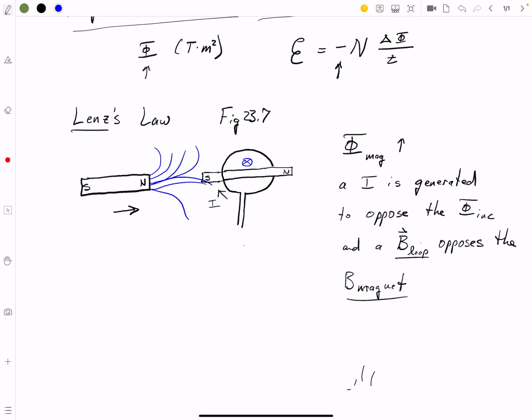If you do your thumb along the current and you put your fingers into the loop, they point down, okay? So that's into the page, all right? So even though the B field is going this way for the magnet, so that's B magnet, this B loop opposes it. Okay, that's not confusing at all.